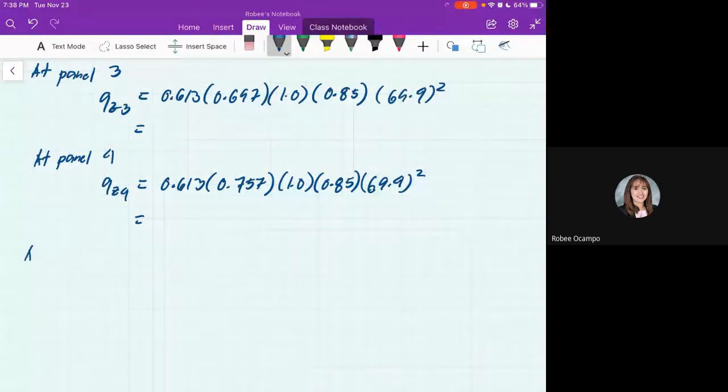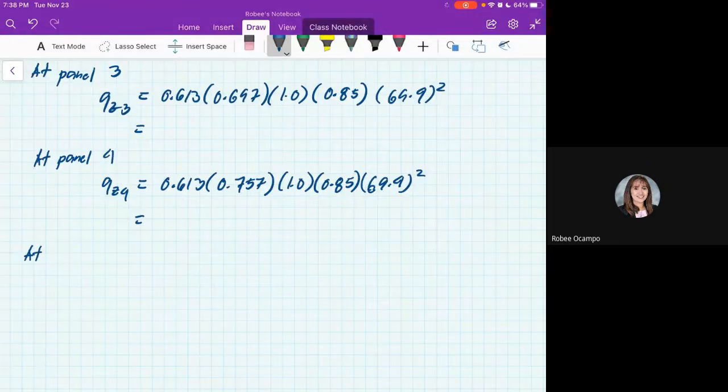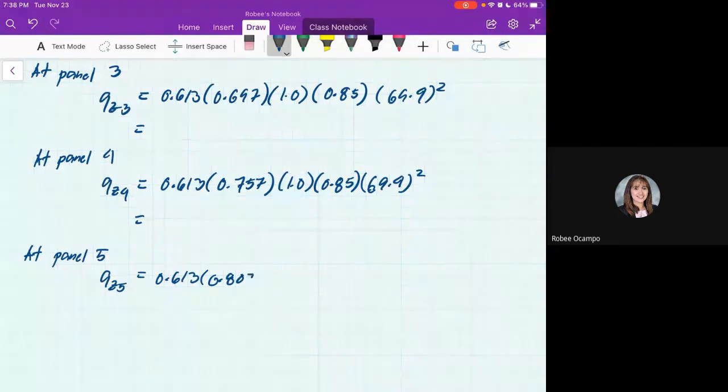At panel 5, QZ 5 is equal to 0.613 times 0.807 times 1.0 times 0.85 times 69.4 squared.